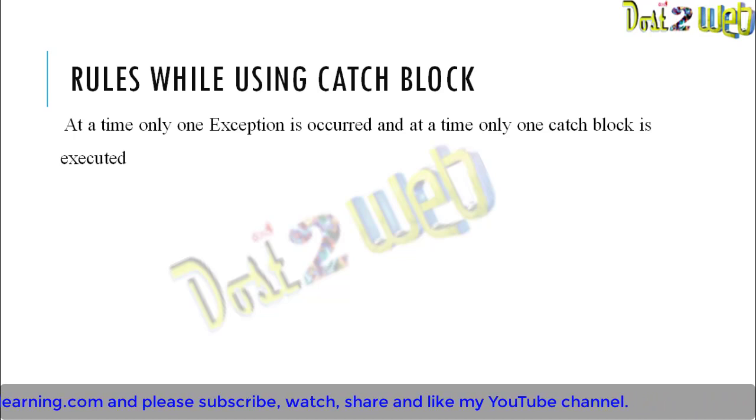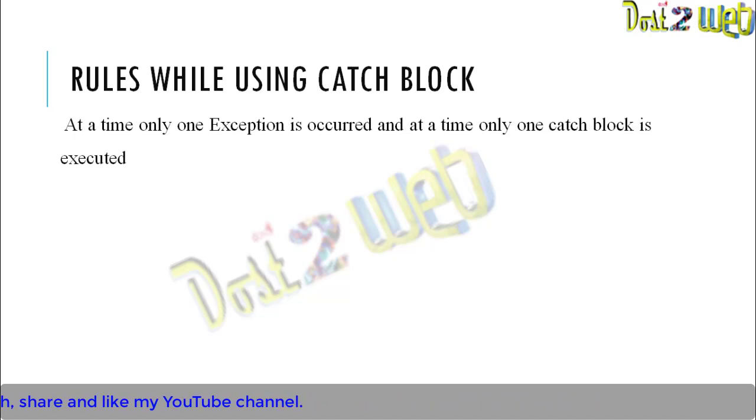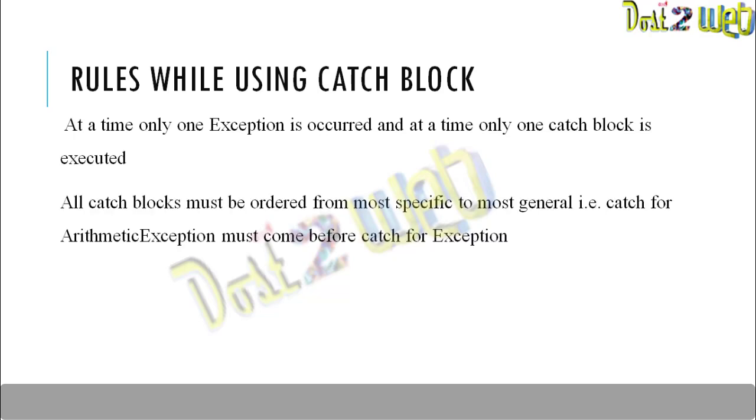So what happened just now? You may ask the question, when we have both errors, that is array index out of bound and division by 0, why are both not executing? At the time of one exception, only one catch block will be executed, not multiple.